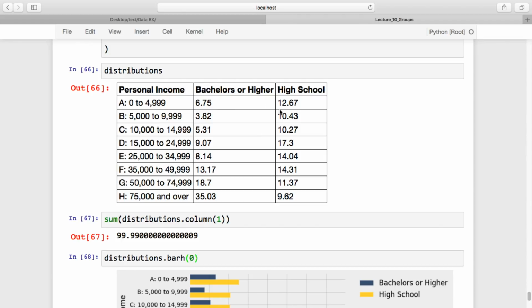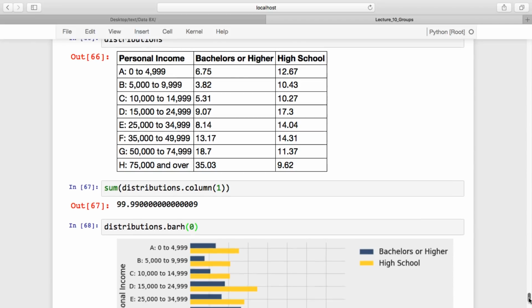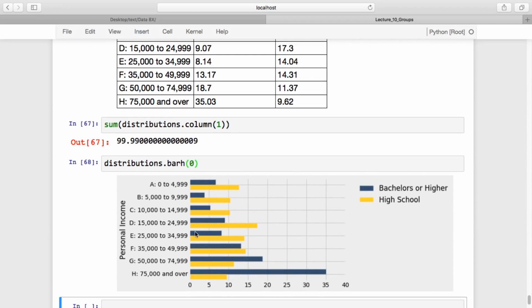The most common income level for the high school leavers was 15,000 to 25,000. Let's see if that agrees. The longest bar, the longest gold bar, is indeed at that level. And the most common income level for the people with bachelor's or more was the highest income level, and that's also what you see here.